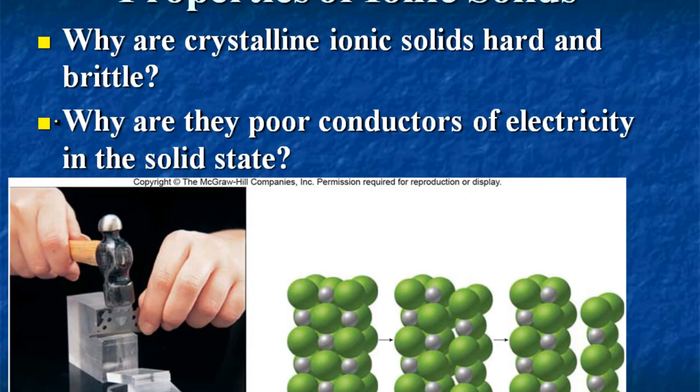Now, when we talk about properties of ionic solids, we said ionic compounds are usually crystalline solids, right? And they are hard and brittle, and they do not conduct electricity when in the solid state. They conduct electricity only when they are in solution or molten. You can think of it this way.